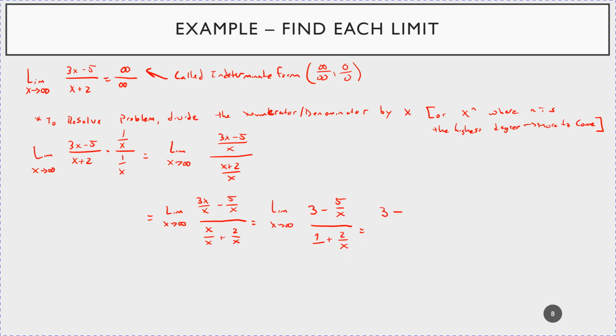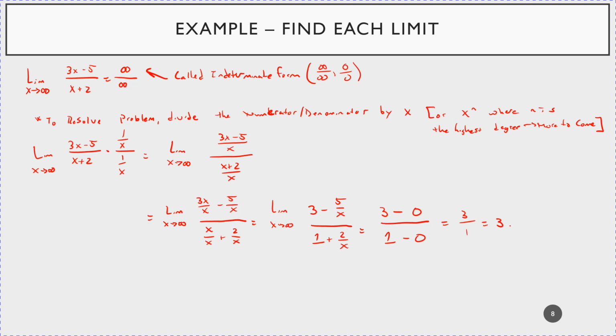Limit as x goes to infinity of 5 divided by x, well, that's just 0. Divided by the limit as x goes to infinity of 1, which is just 1. Limit as x goes to infinity of 2 over x, that's 0. So this is just 3 over 1, or 3. So it worked out.